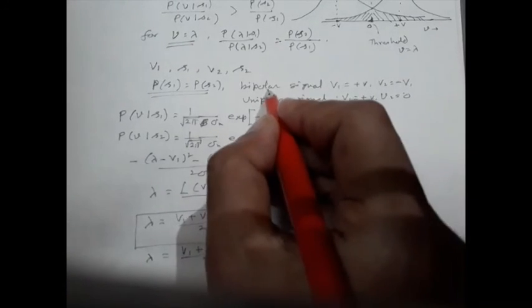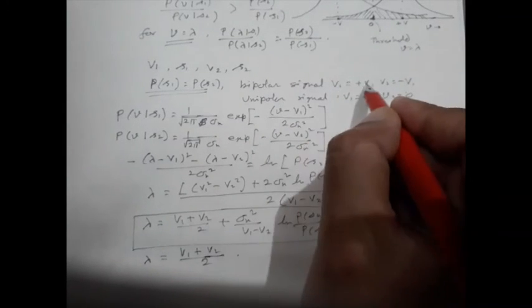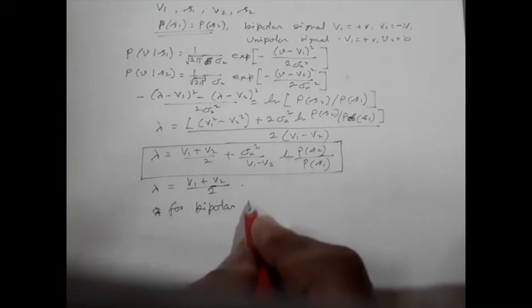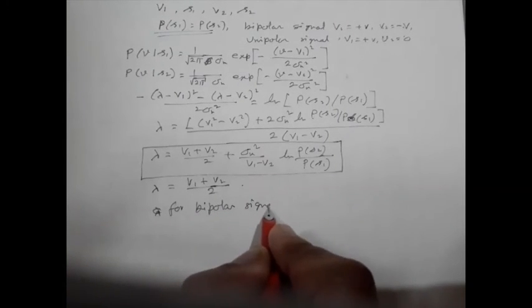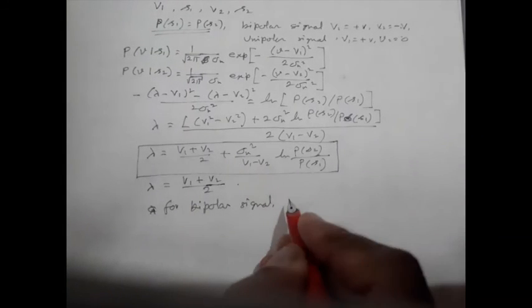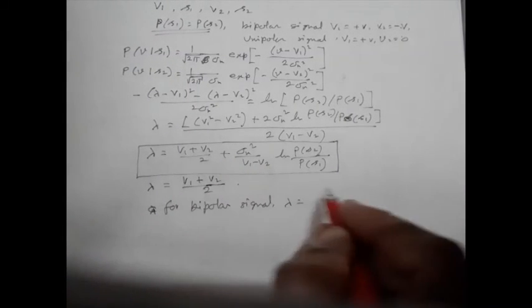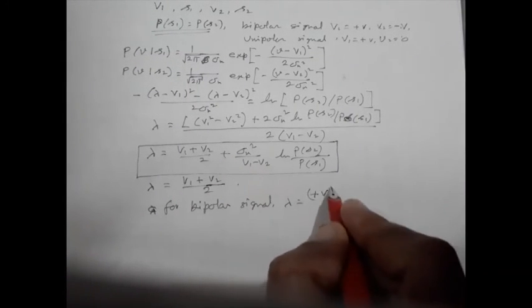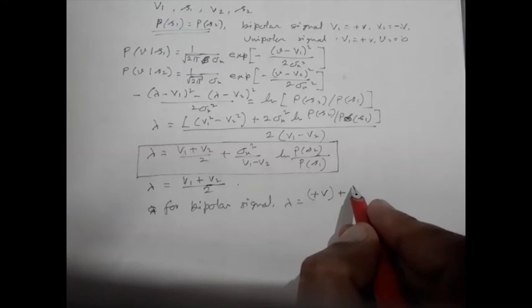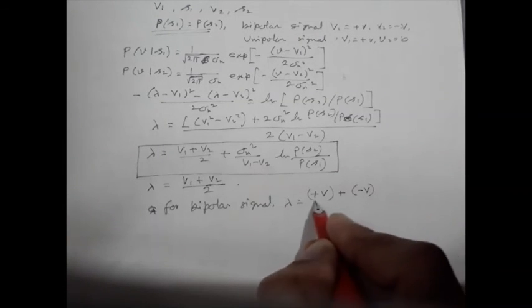Now for the case of a bipolar signal, V1 equal to plus V, V2 equal to minus V. So lambda equal to (plus V plus minus V) divided by 2. That means it is equal to 0.